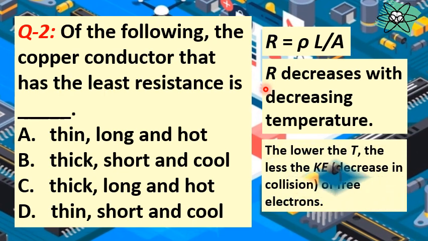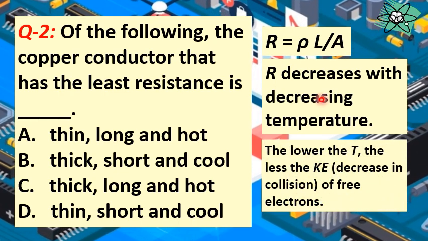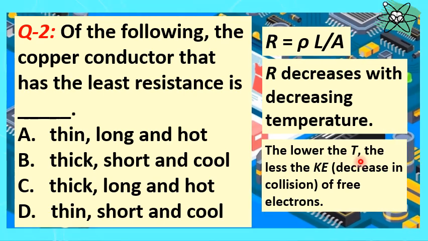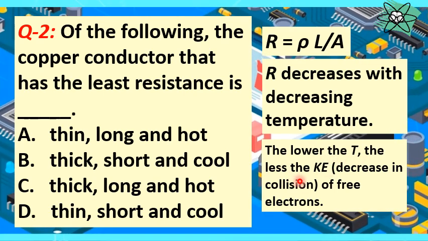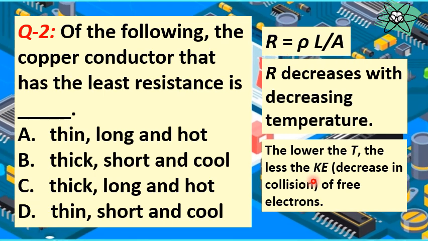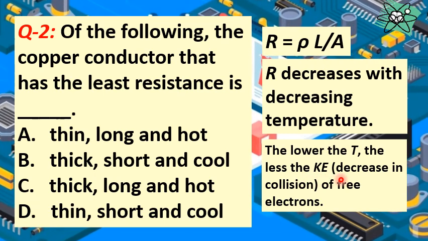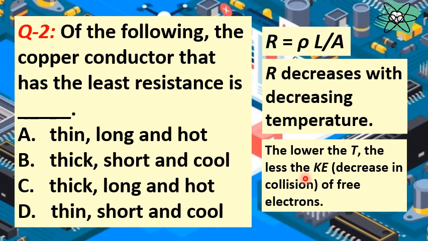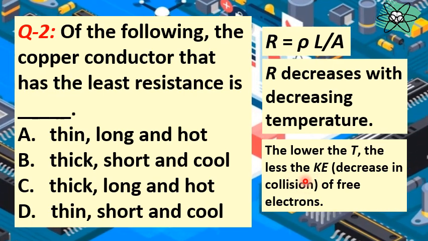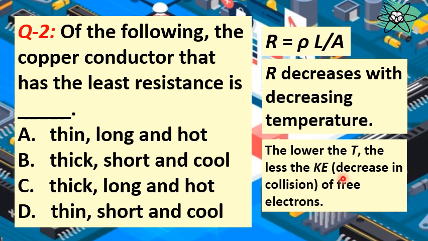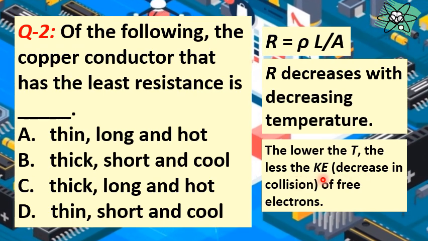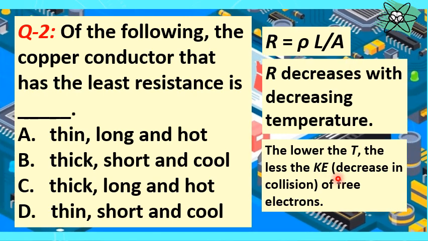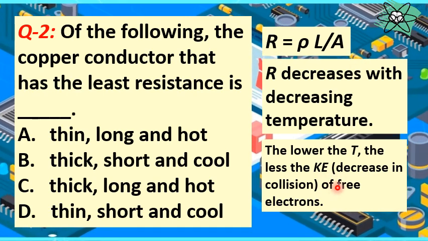Also, we say that the lower the temperature of the conductor, the less is its kinetic energy. In other words, the average kinetic energy of the particles, including the free electrons, is less.